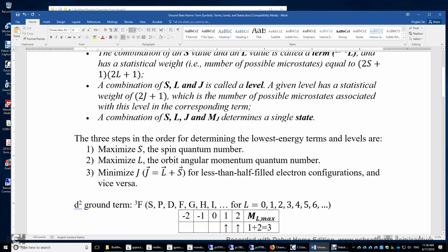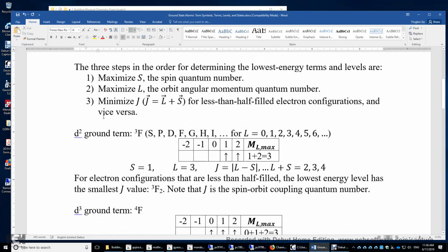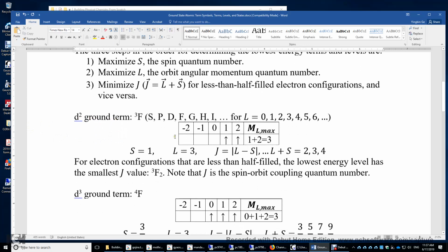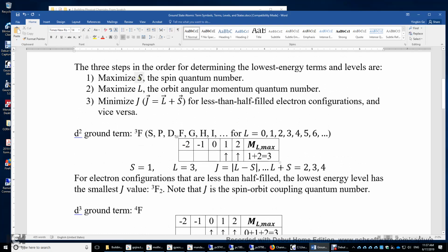So now let's look at more concrete examples. Let's look at the d2 electron configuration. First, how do we determine the d2 ground atomic term? It's very simple. First, m sub L for the d orbital can be from -2 all the way to +2. And then first, we need to maximize the spin.